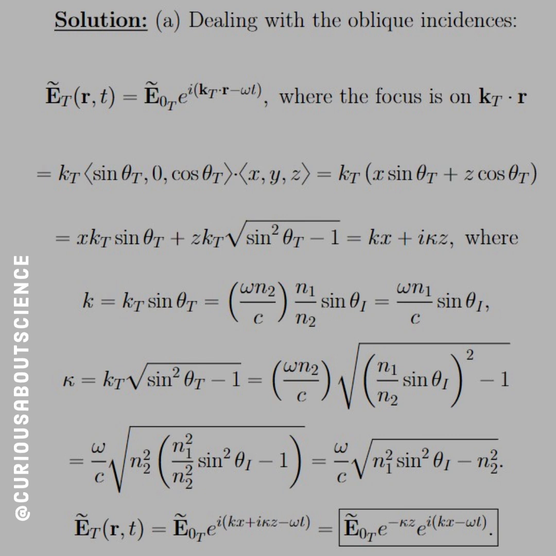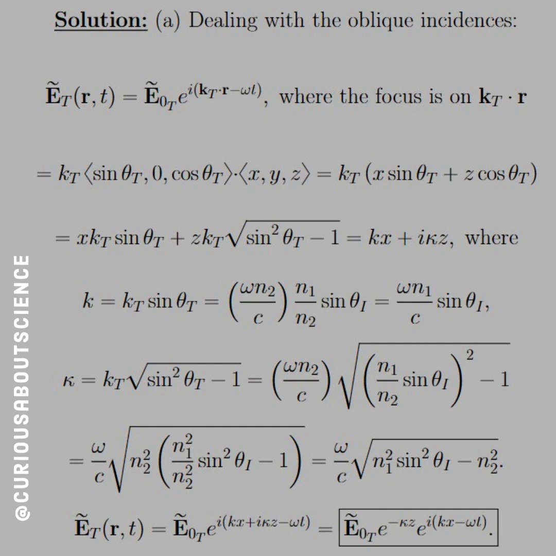So part A, when we're dealing with oblique incidence, E_t is equal to E naught t, e to the i (k_t dotted with r minus omega t). Clearly our focus is on the propagation vector k_t dotted with the r vector.